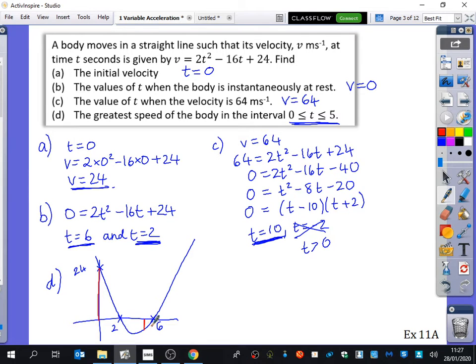So what does it look like the maximum speed is in that time? The maximum speed. The velocity. This is velocity along here. This bit of the graph is the velocity. This is the time. What is the highest or biggest velocity that it can have in between those two red lines that I've got here between 0 and 5?